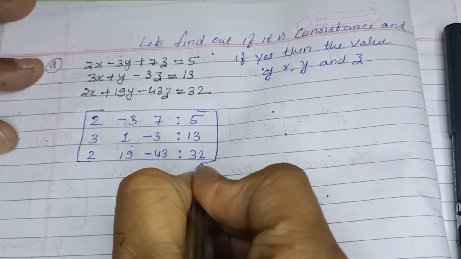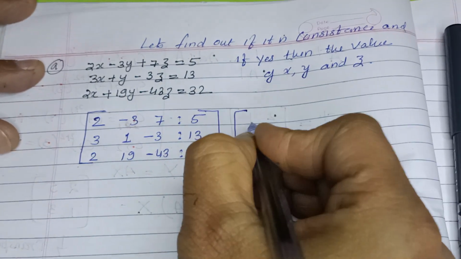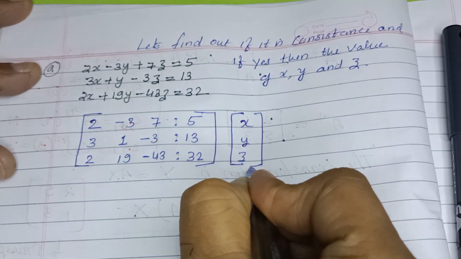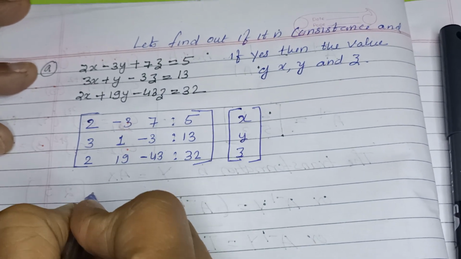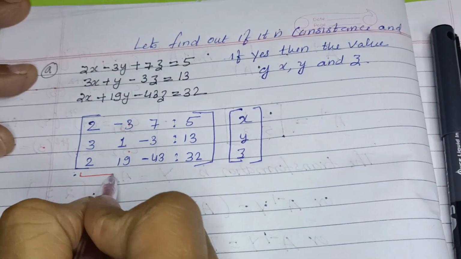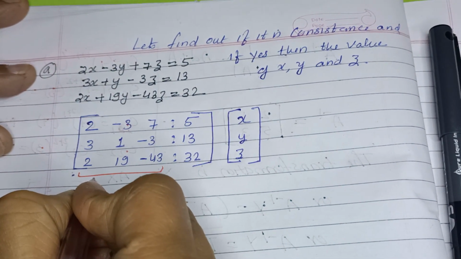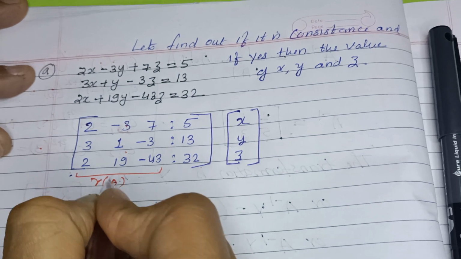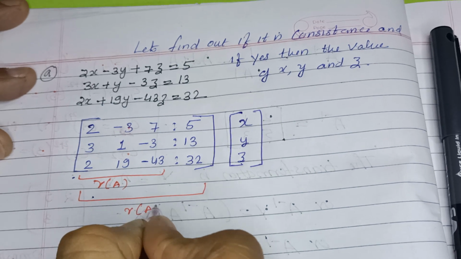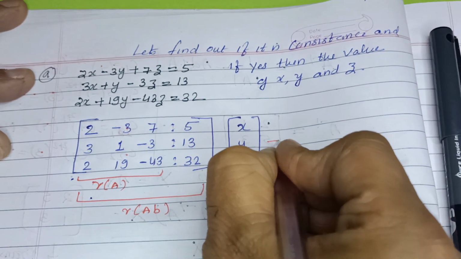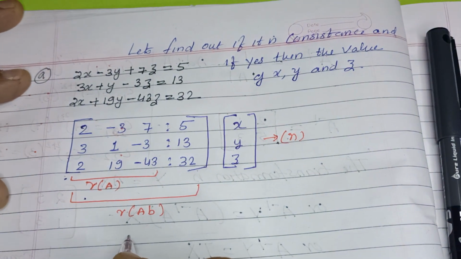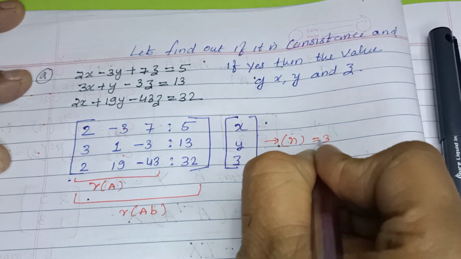And the variables are x, y and z. So as per this we know this is the coefficient matrix, that is A, and this is the augmented matrix, that is AB, and these are the variables, that is n. And there are 3 variables, which is equal to 3, we know.